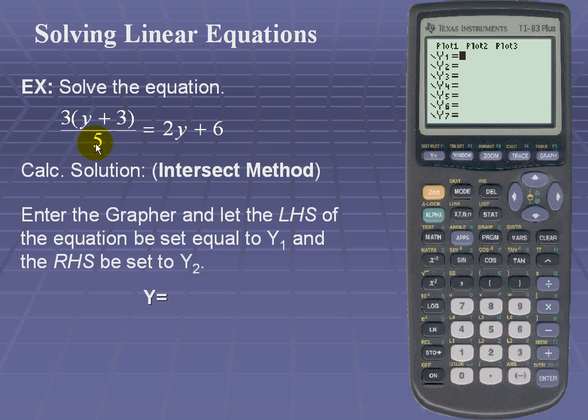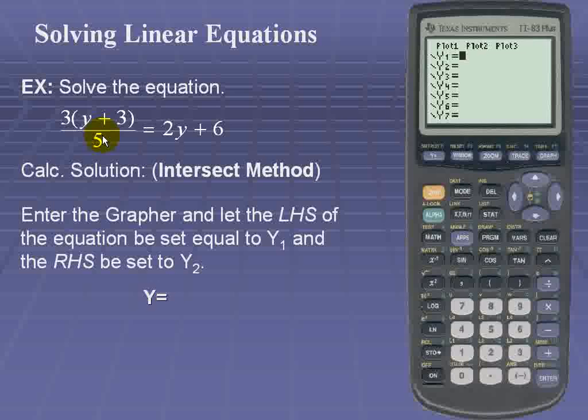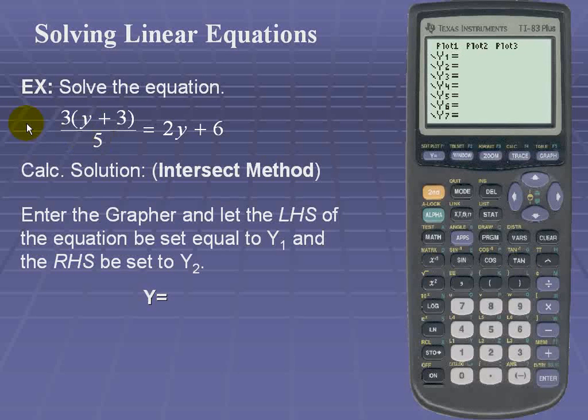On our y sub 1, we'll put in the left hand side of our equation, and since we have a fractional bar, I'll use a set of parentheses around the top and also a set of parentheses around the bottom. So I'm going to enter this as begin parenthesis 3, another begin parenthesis.